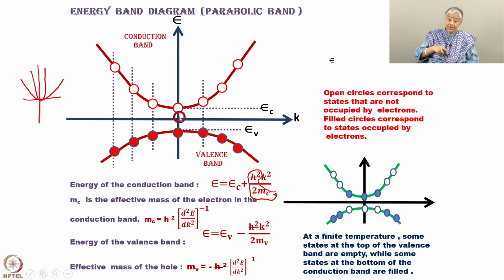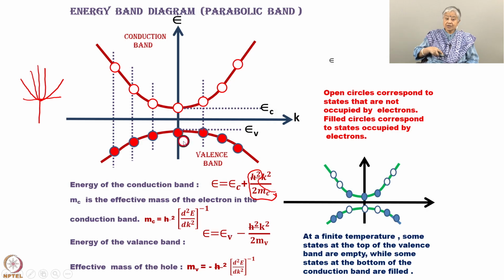So, when it is around 3 electron volts, the electrons are unable to overcome this gap and jump into the conduction band. So, the conduction band remains empty, while the valence band remains full.